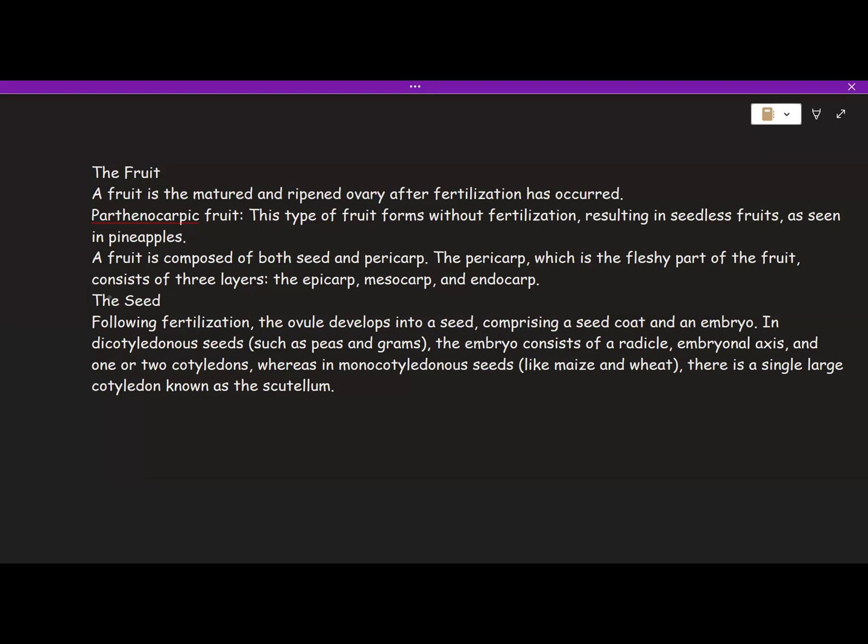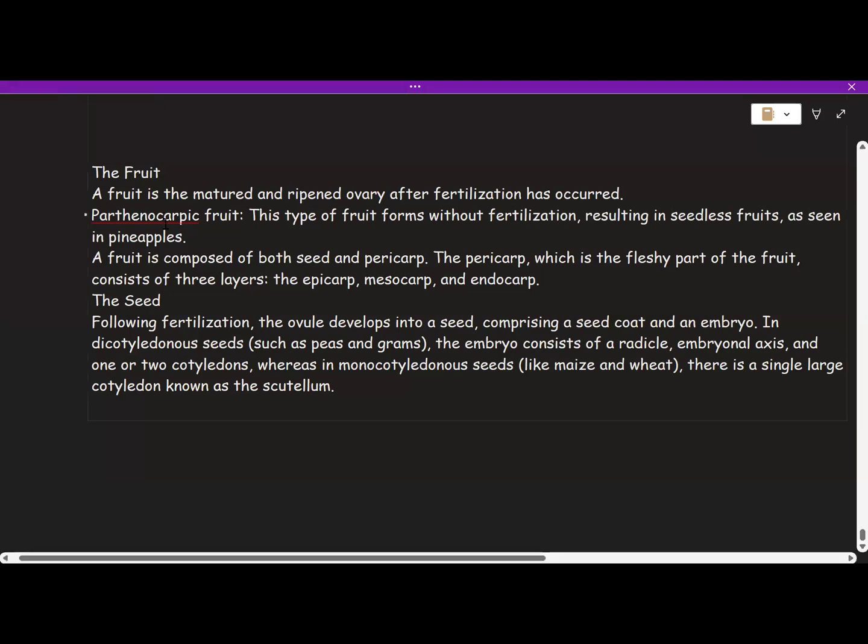Yes, ma'am. Sure? Okay, now can you please check your NCERT book and tell me what are the topics after fruit and seed? Just check and tell me.